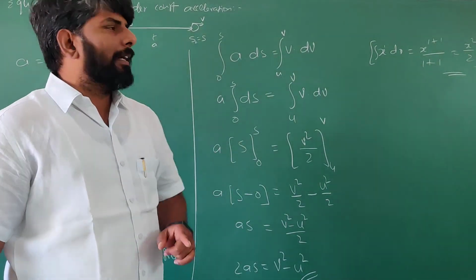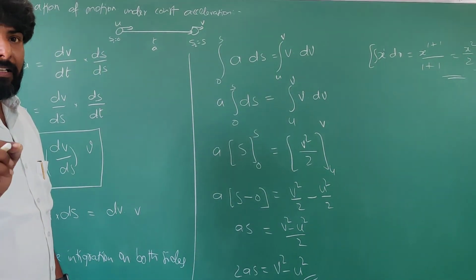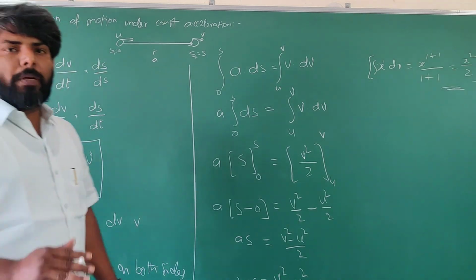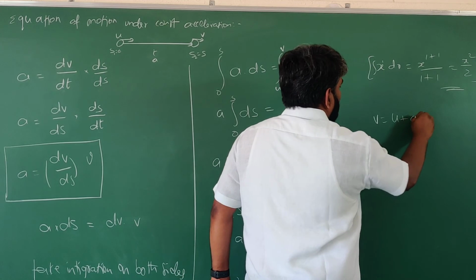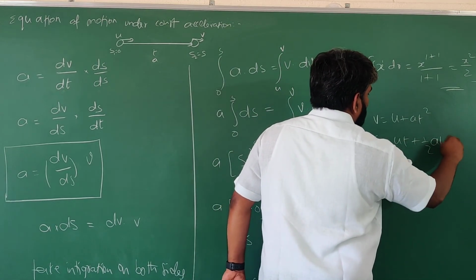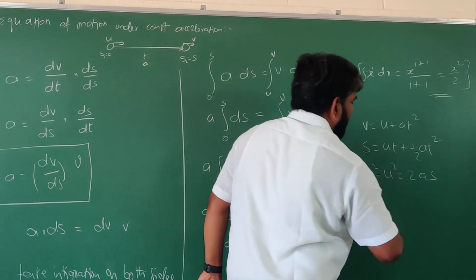Keep in mind, students, for equations of motion, don't directly say v equal to u plus at. Like simply we are going to say v equal to u plus at, s equal to ut plus half at square, v square minus u square is equal to 2as.